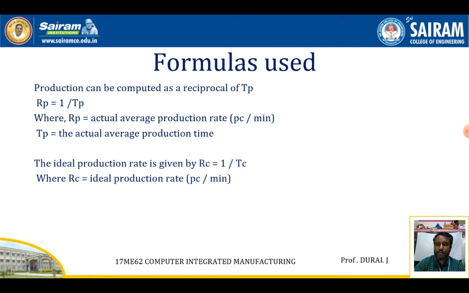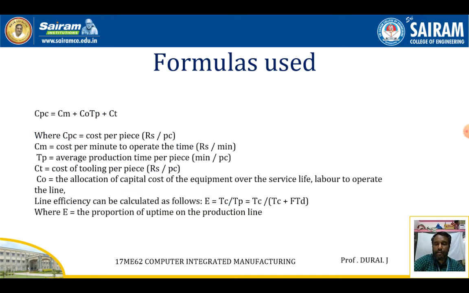So RP is equal to 1 by TP. We have discussed these in the mathematical formulas in those problems. RP is the actual production rate in pieces per minute, and TP is the actual average production time. And RC is the ideal production rate, with the unit of pieces per minute.